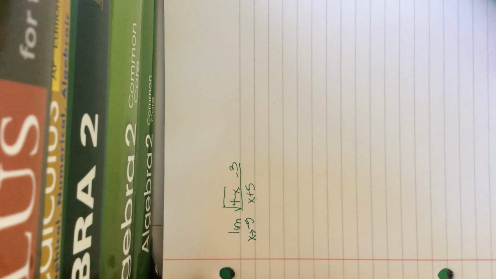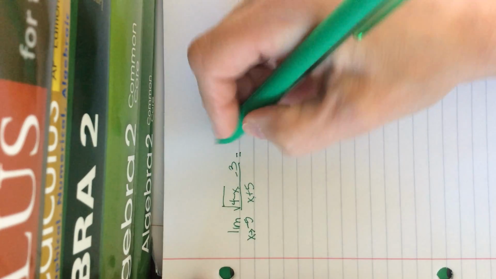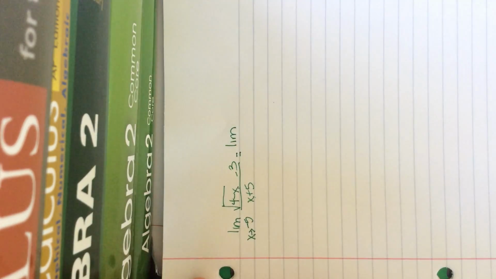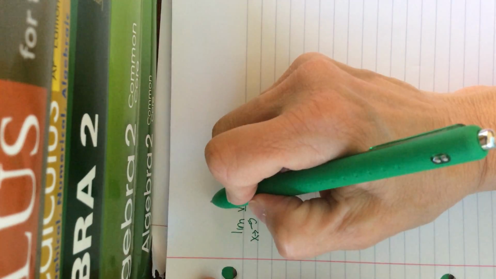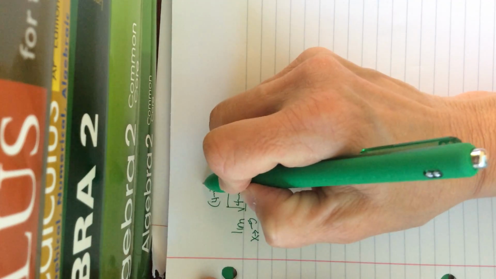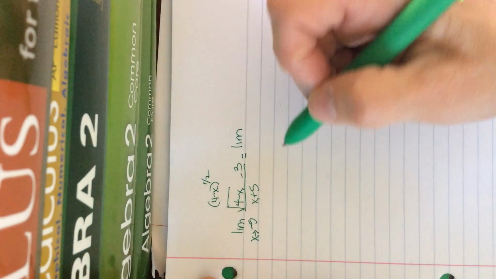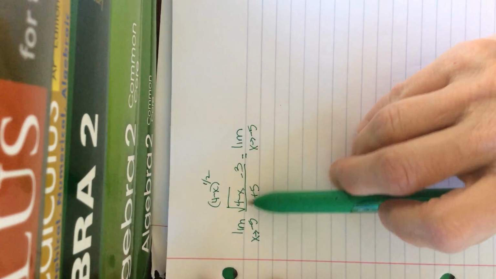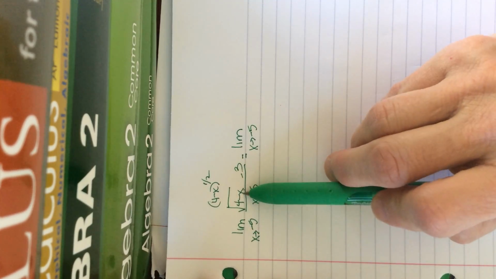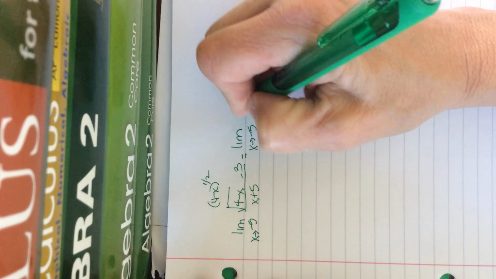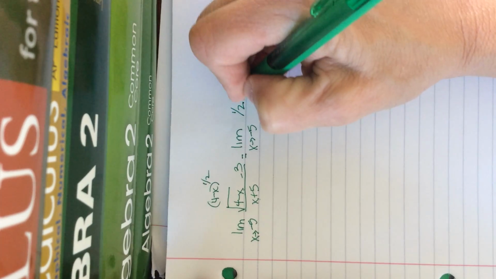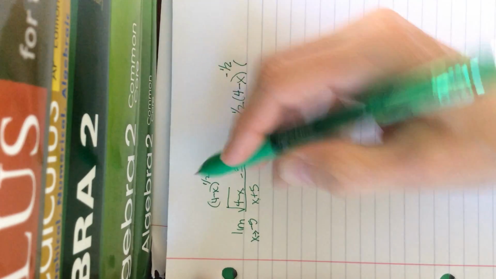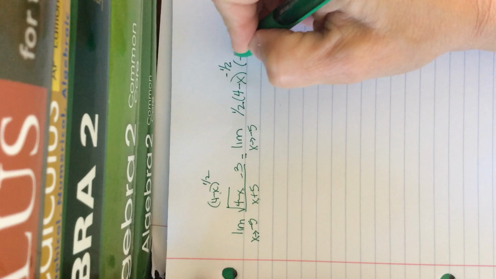So what does L'Hopital's rule say? L'Hopital's rule says, okay, find the derivative of the numerator. Well, if you think about this 4 minus x being to the 1/2 power, then, with x approaching negative 5, the derivative of the square root of 4 minus x will be 1/2 times 4 minus x to the negative 1/2 times the derivative of the inside, which is negative 1.